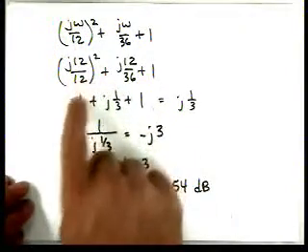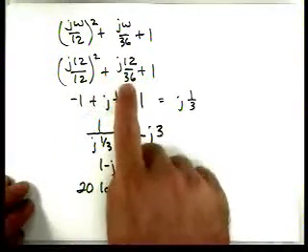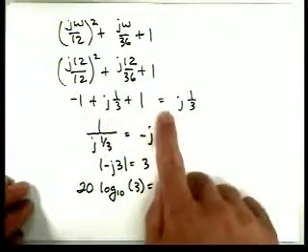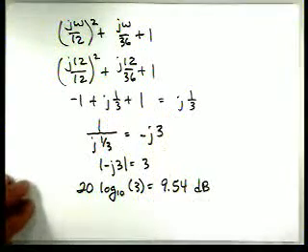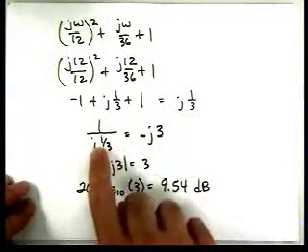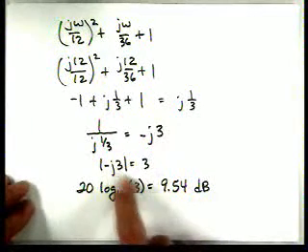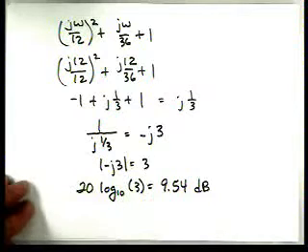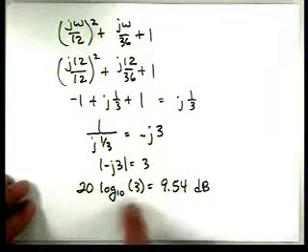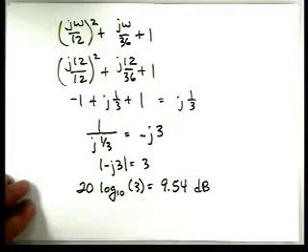We have j12 over 12 squared, so j squared is minus 1, j12 over minus 144 plus 144... so at omega equal 12, we have j 1/3. Well, this is 1 over j 1/3, so minus j3. The magnitude of minus j3 is 3. So at omega equal 12, this function has a magnitude of 20 log base 10 of 3, or 9.54 dB.